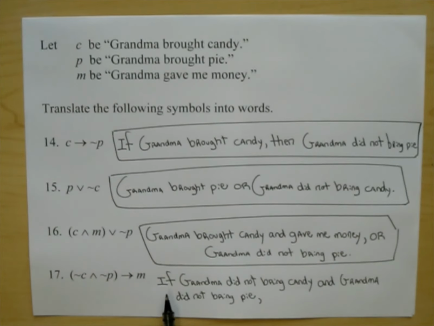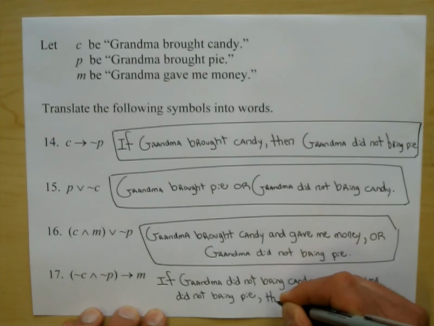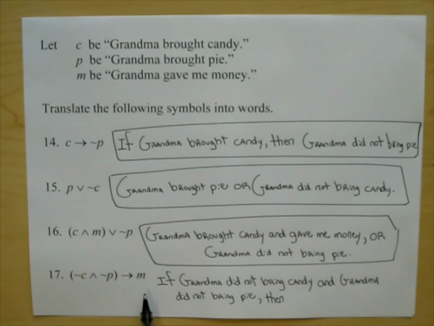Okay, so there we have if hypothesis. There's the hypothesis. That arrow is the then. Then what? Statement M. Then Grandma gave me money.